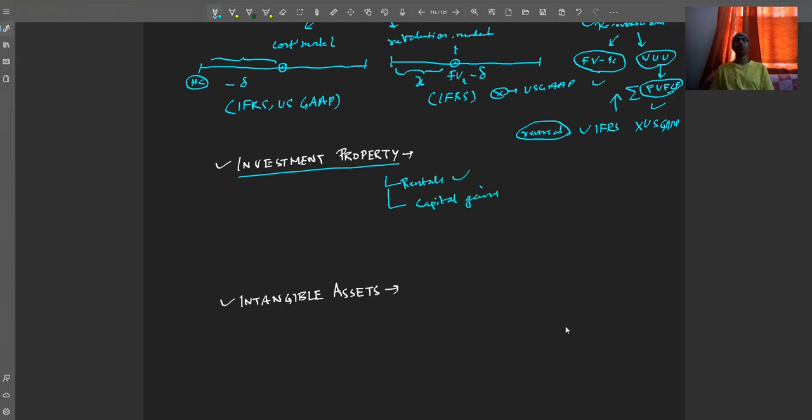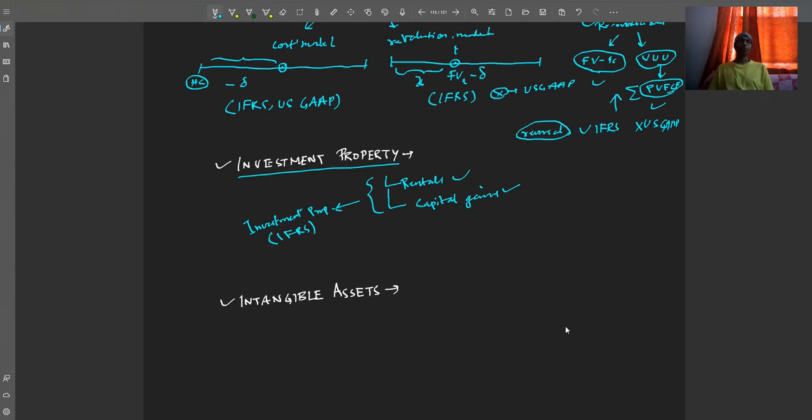Basically, these two are the only purposes for a property of that kind, apart from regular activity properties. So these kinds of properties are called investment property. Now, this term investment property is used specifically in IFRS. US GAAP does not have any specific definition for investment properties.